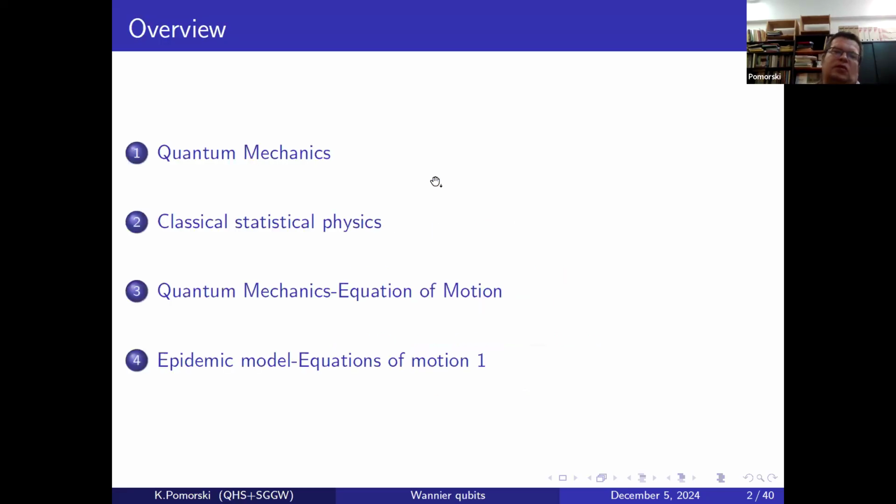Basically, I will talk about quantum mechanics, classical statistical physics, and then I will mention more specialized solutions of quantum mechanics in respect to Wannier functions, and I'll mention different applications. One of the applications will be an epidemic model.